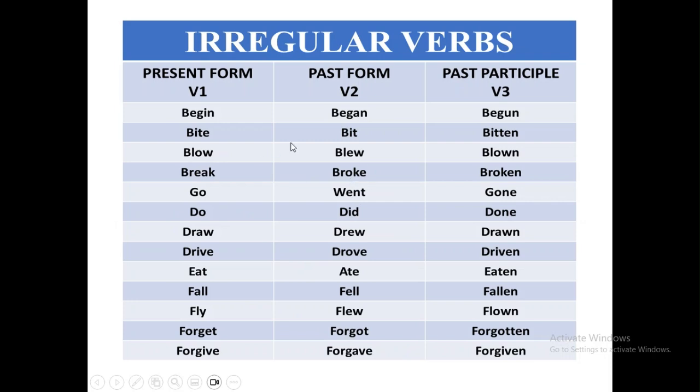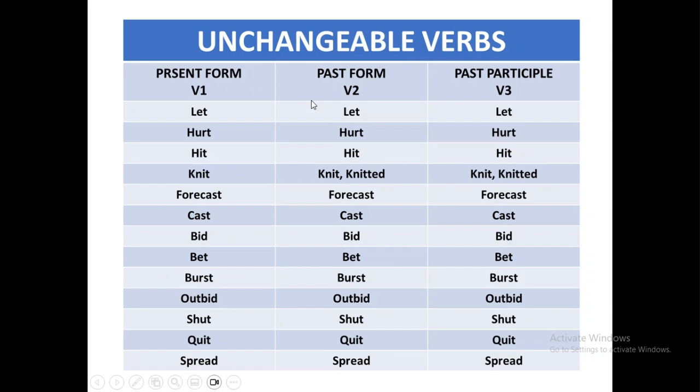Now learn more words in unchangeable verbs. V1, V2, V3: let; hurt, hurt, hurt; hit, hit; knit, as well as knitted, knitted, also correct; forecast; cast; bid; bet; burst; outbid; shut; quit; spread.